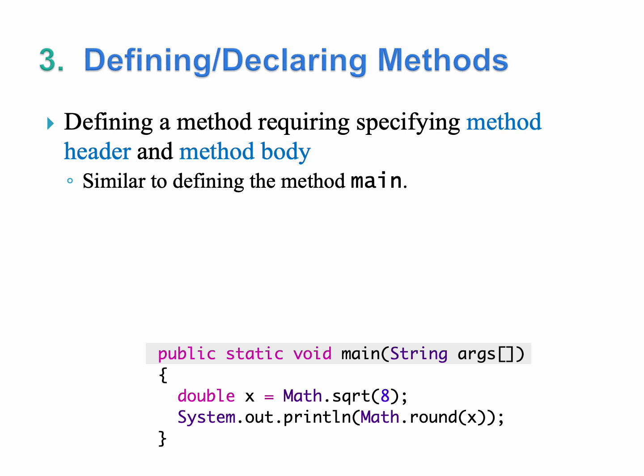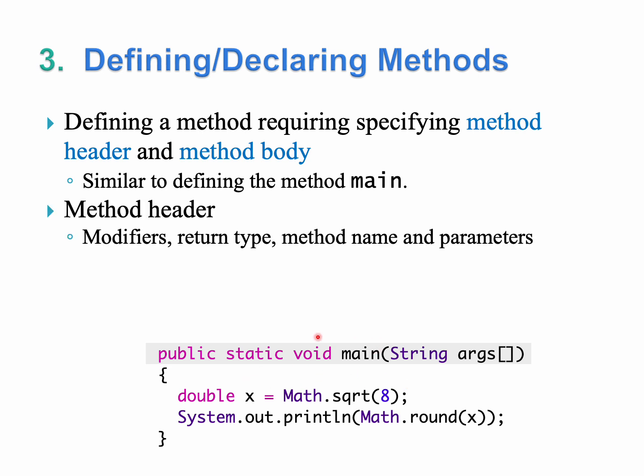Now I'm going to show you how to declare or define a method by yourself. A method is a collection of statements that are grouped together to perform a task. Defining a method requires specifying the method's header and method body, similar to defining the method main.